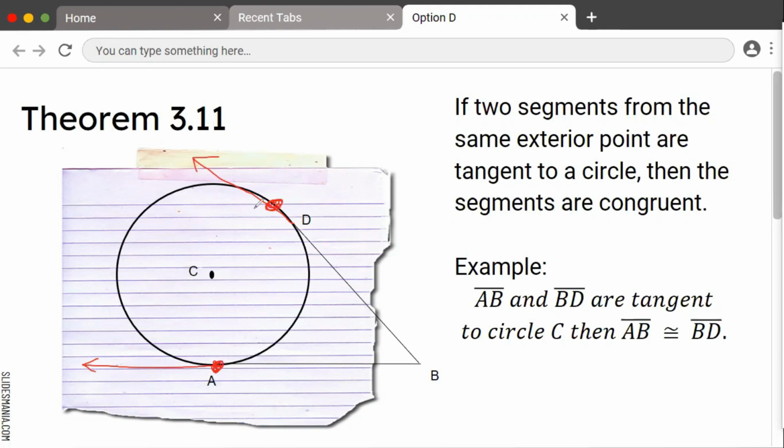I cannot place it exactly because again, it is hard to draw. Now, these two tangent lines, according to the statement, are segments of the circle. Now, if you observe from the example, AB and BD are directly congruent to one another.